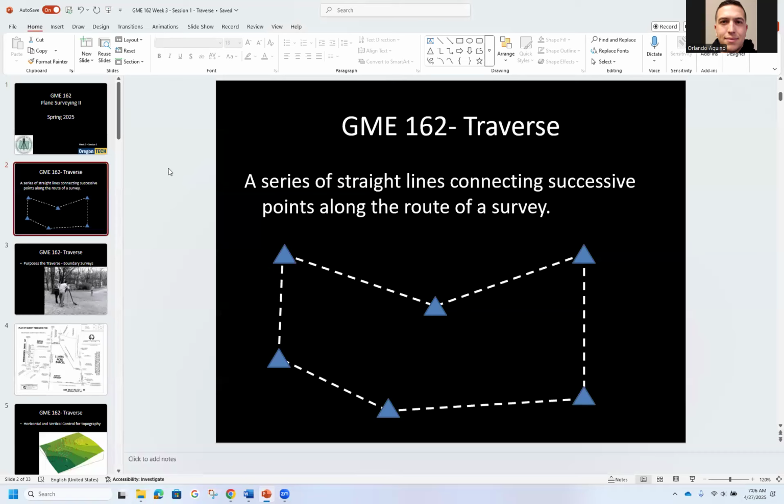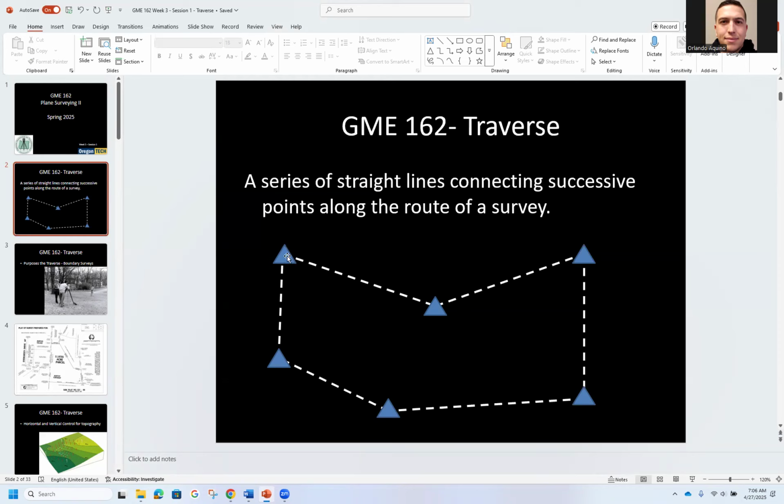So let's say we start here at this northeast corner, and we run clockwise, setting up over every point, backsighting, then foresighting as we go along. We close back onto this point by setting up here, backsighting to this point, and then foresighting to here, and that would be our closure.